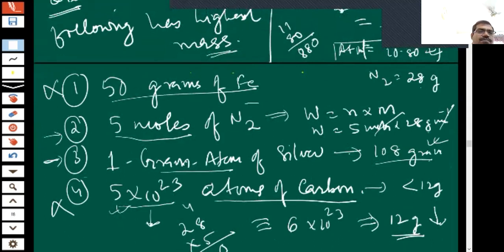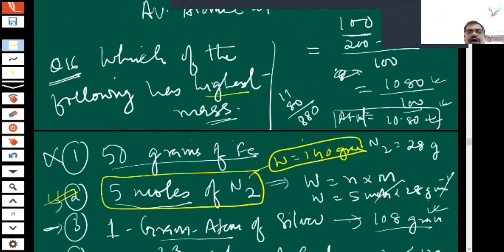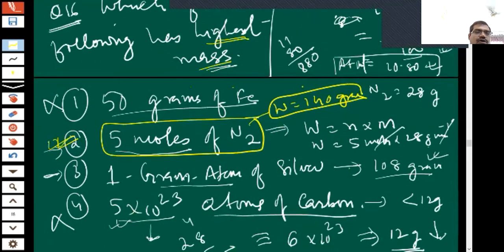So here is the good news for you: 5 moles of nitrogen weigh 140 gram. Did you understand? So this is the heaviest. So our second option has the highest mass.